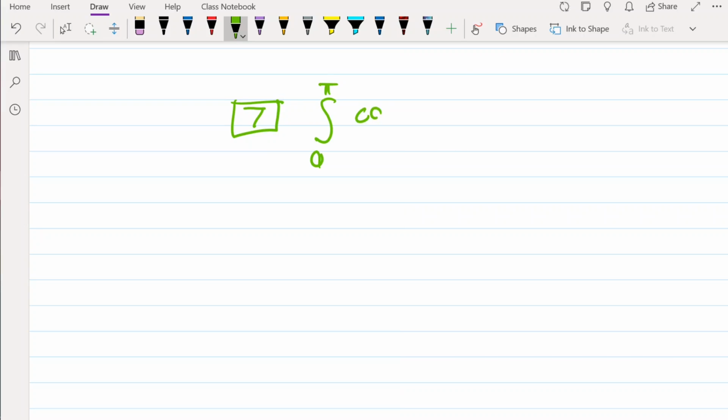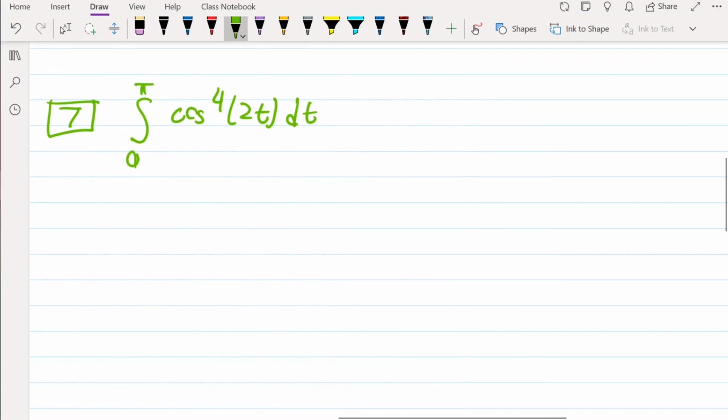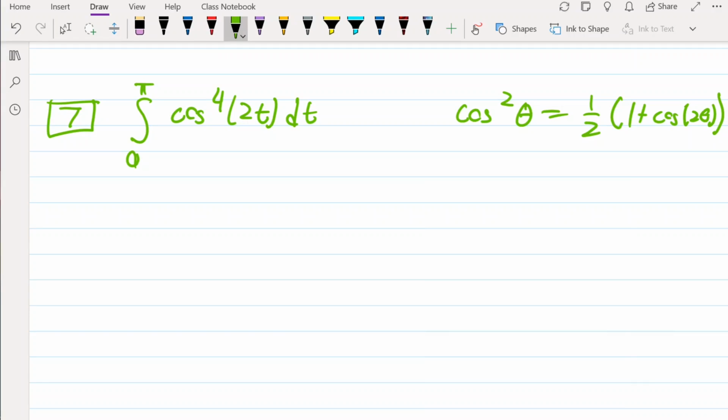From 0 to 5, cosine of 4 times 2t dt, in which the cosine squared of theta equals 1/2 times 1 plus cosine of 2 theta. Going from 0 to pi of, no, 1 plus cosine 2 theta squared d theta.